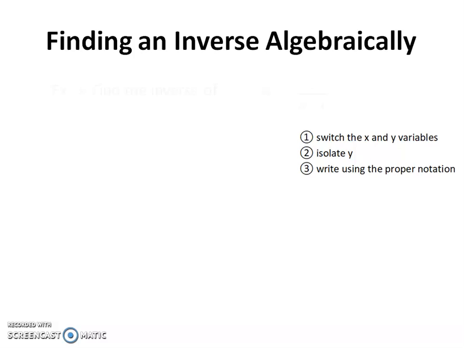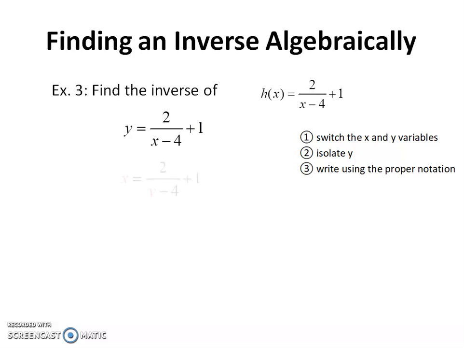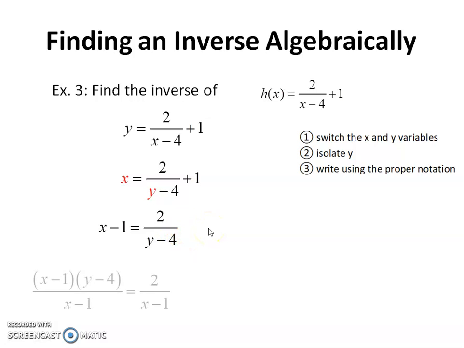It's the inverse there. And one final example, just because the math here is a little bit different, I would swap x and y, subtract 1 from both sides. Now at this point, because I want to isolate y, and y is at the bottom, in the denominator of this fraction, what I need to do is multiply both sides by y minus 4. When I multiply on this side, they cancel out, and here they multiply up.